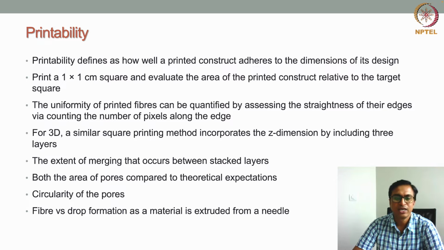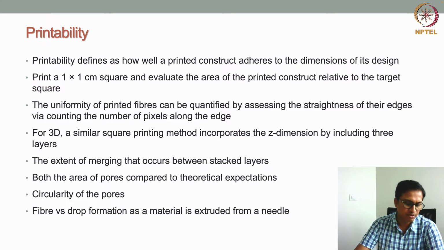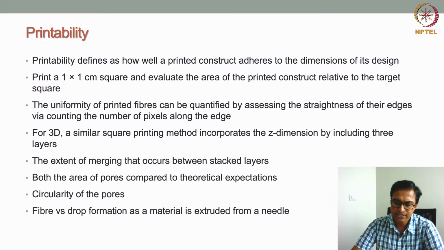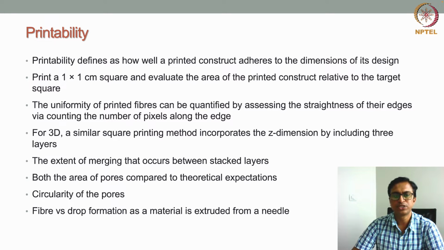Many times in the literature, when they define printability, suppose they develop a novel bioink and want to decide its printability, they choose a technique where they print a lattice structure.